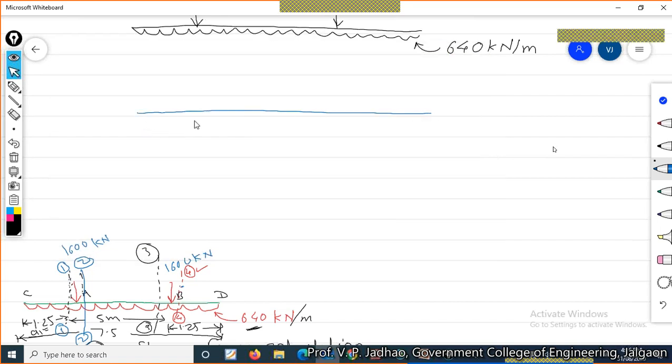So draw one reference line. The shear force at this point is 0. Okay, on just left hand side, this will be positive 800. On the left hand side, it is minus 1600. At here, it is again on left hand side, plus 1600, and on right hand side it is 800. So join these lines.